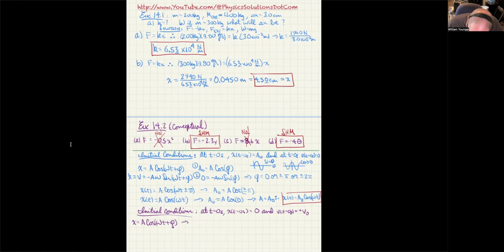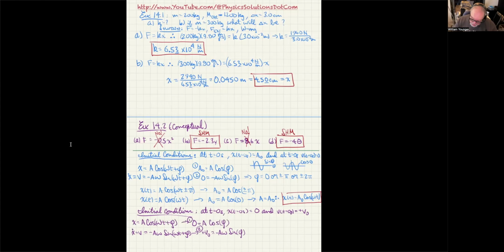For the initial condition, that tells us that 0 is equal to a cosine of phi, and then x dot, which equals v, is equal to negative a omega sine omega t plus phi. And according to the initial condition, that gives us a positive v0 is equal to negative a omega sine of phi. So there's our two equations. This would be 1 and this would be 2.